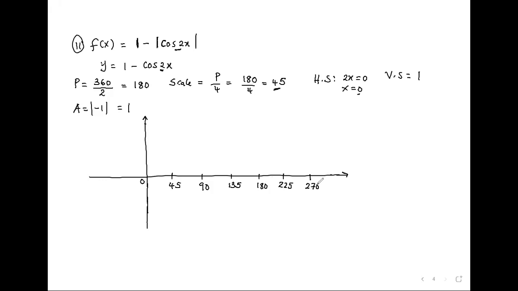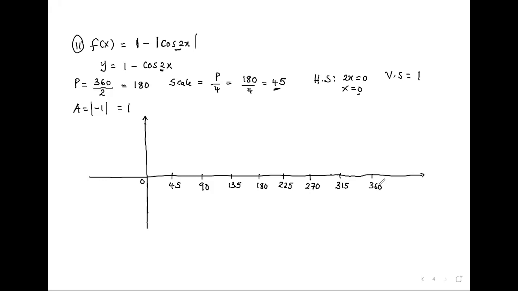So where am I going? I want to go all the way up to 360. So this is 270 plus 45, 315, plus 45, 360. Then I'll get the first angle.